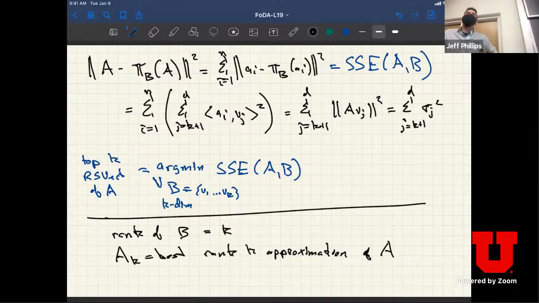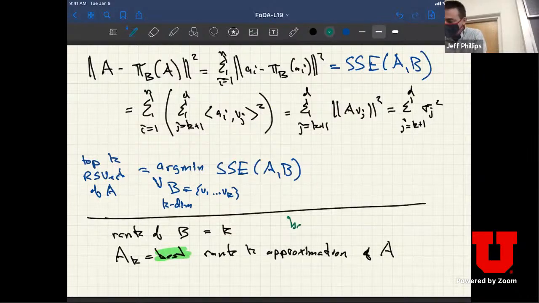A might be rank D, right? D is less than N. So it might have a much higher rank. So I want to have a rank K matrix here. And by best, I can mean two things.